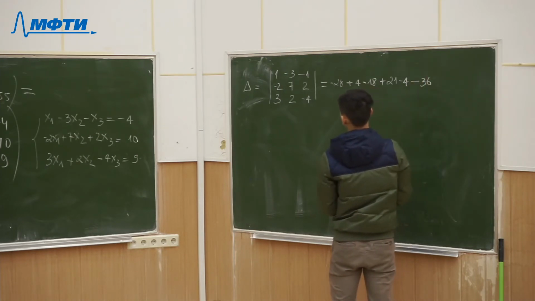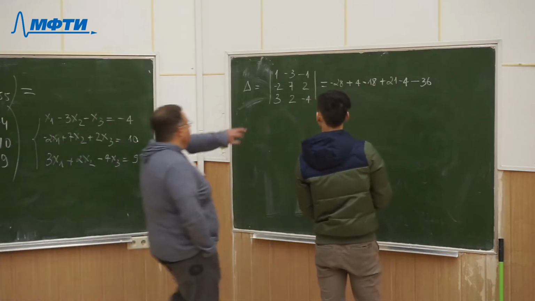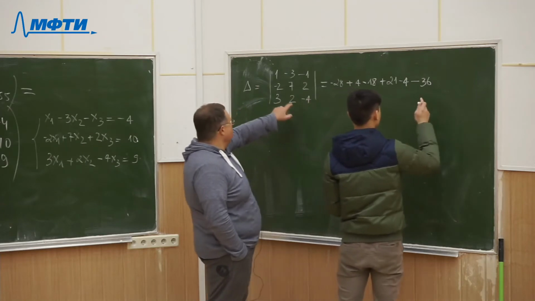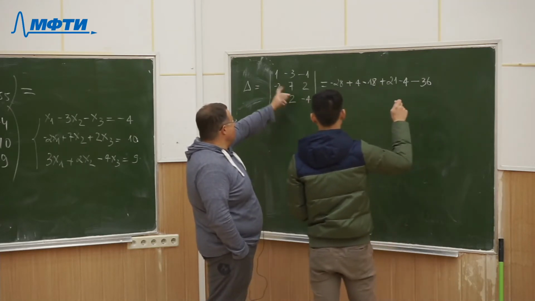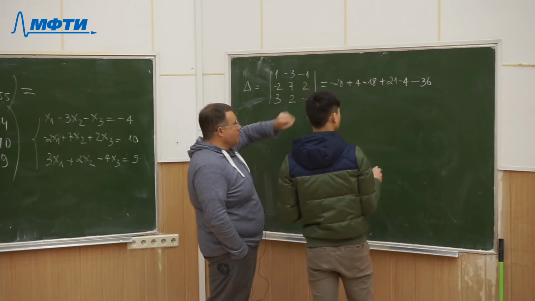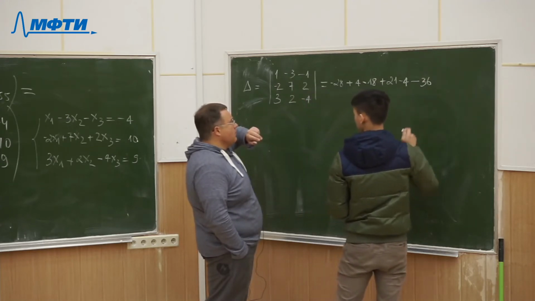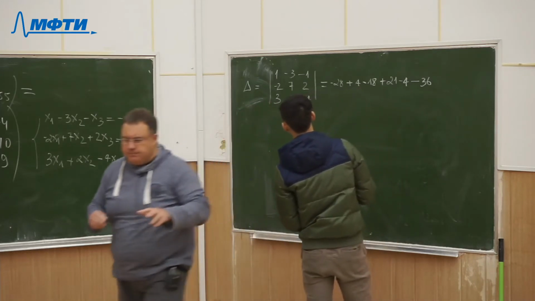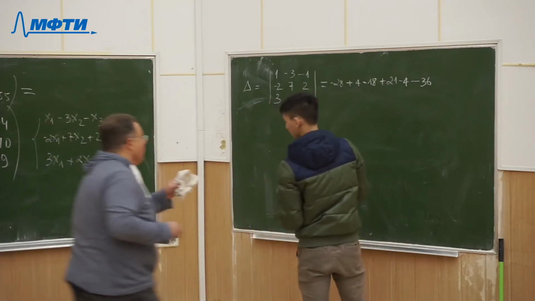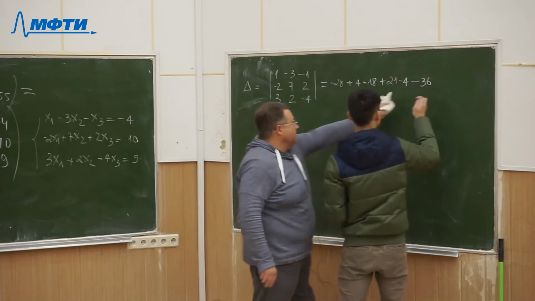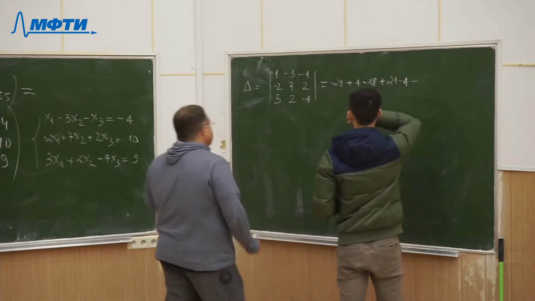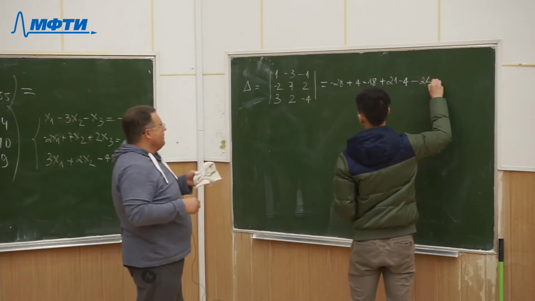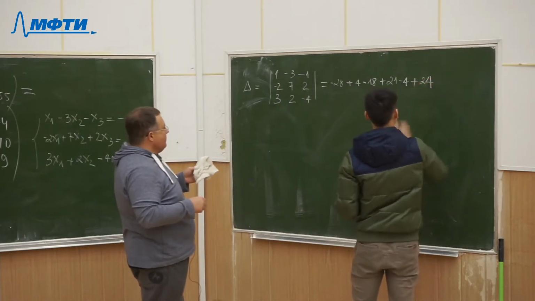One moment, please. Minus 2 minus, yes, minus 2, no, plus, no, 4 minus and 6 times 4, 24. Yes. Understand, yes? Minus 2, minus 3, minus 4, and another one. Plus, yes.